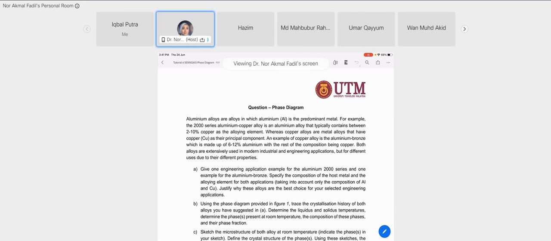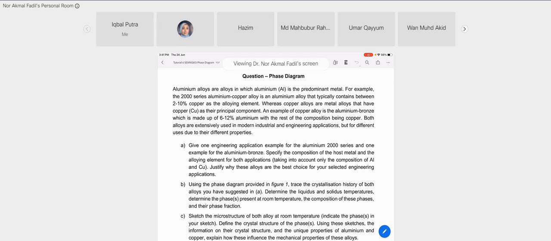Right. The question is, aluminum alloy are alloys in which aluminum is the predominant metal. For example, the 2000 series of aluminum copper alloy is an aluminum alloy that typically contain between 2 and 10% copper as the alloying element, whereas copper alloy are metal alloys that have copper as their principal component.